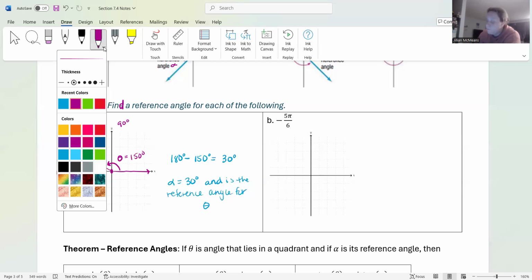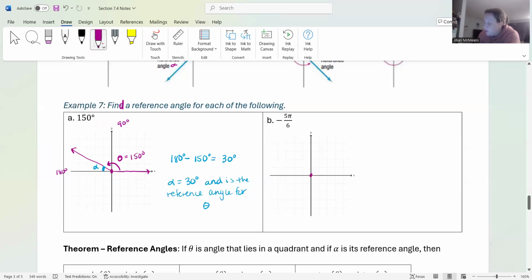Okay, so we have our vertex at the origin, our initial side on the positive x-axis, and we have to find a way to draw negative 5 pi over 6. So basically what we want to do is we need to know that negative pi is over here. Okay, if we can split the region from 0 radians to negative pi radians into 6 pieces, we can count off 5 of those.